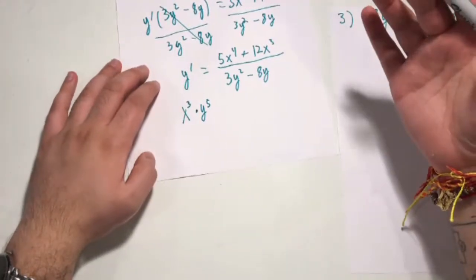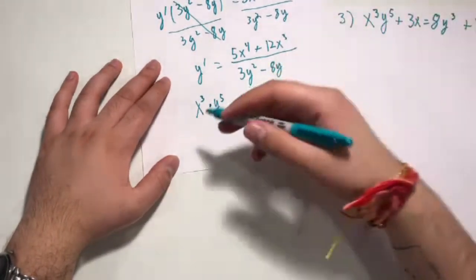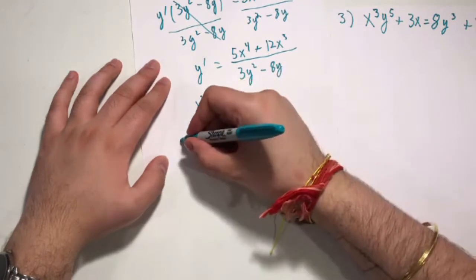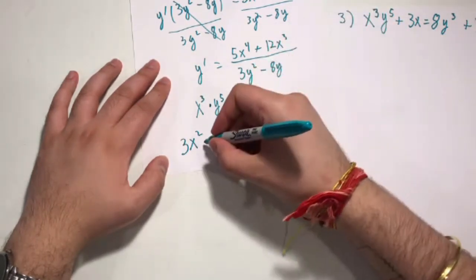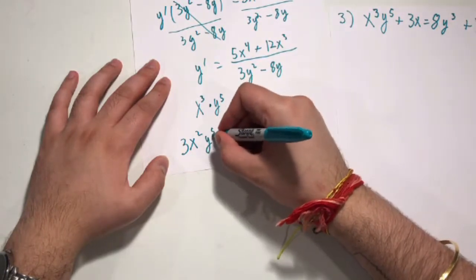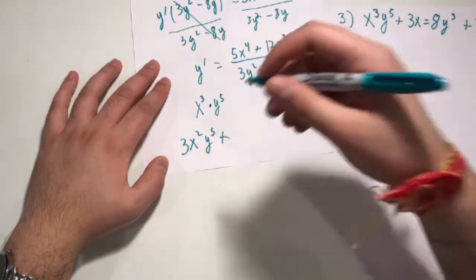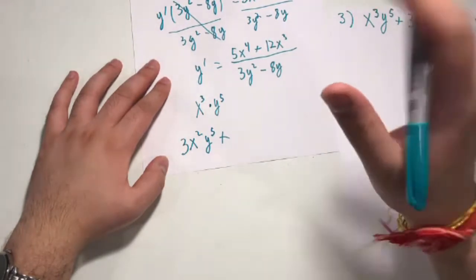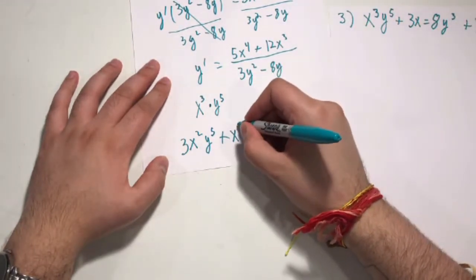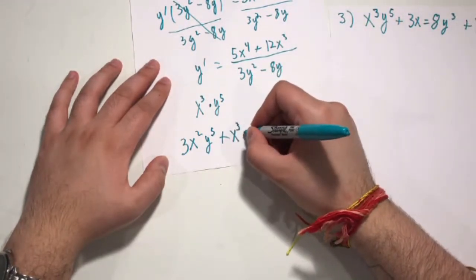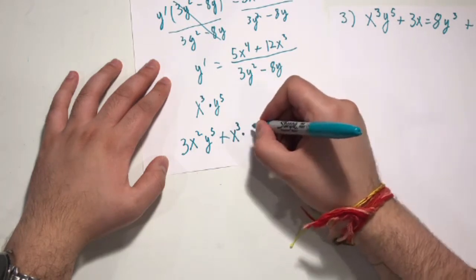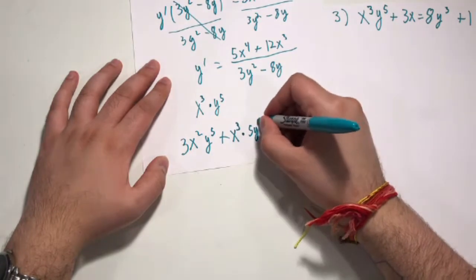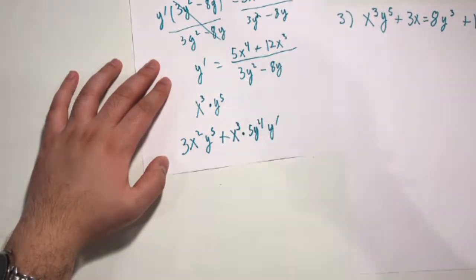Now what is the product rule? Derivative of the first thing, which is going to be 3x squared, times the second thing, which is going to be y to the fifth, plus the first thing, not the derivative of, plus the first thing, which is x to the third, times the derivative of the second thing, which is 5y to the fourth, y prime.